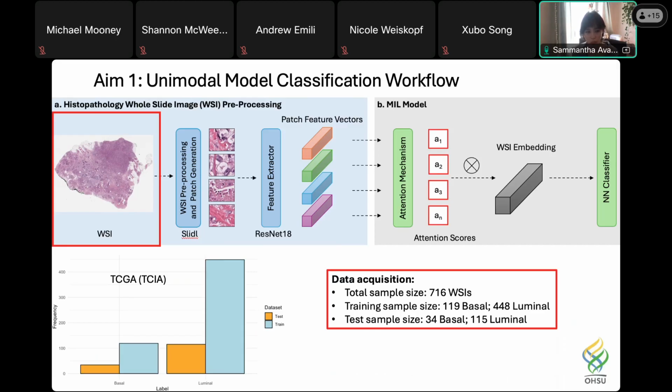And so if we look at the bar graph to the left, we could see that there is a class imbalance between basal and luminal, where basal is the minority. We did take this into account while training our multiple instance learning model, which I will touch upon later.